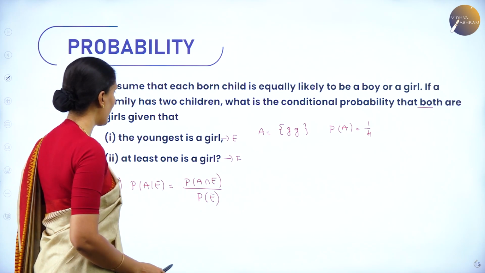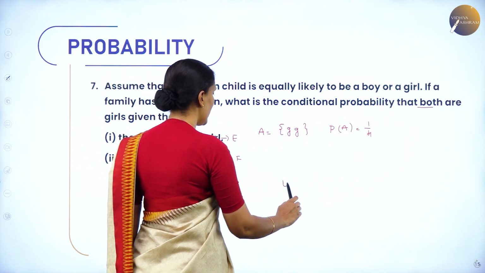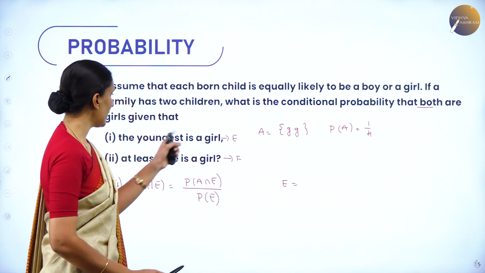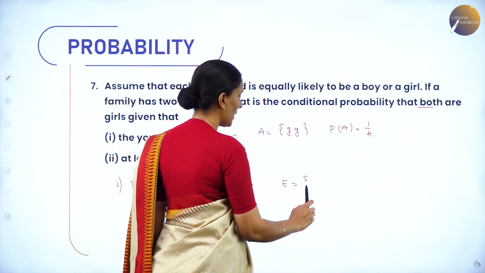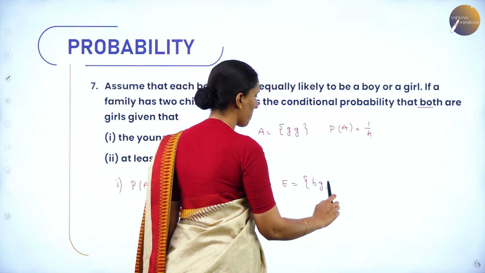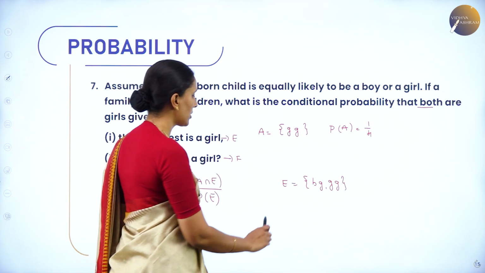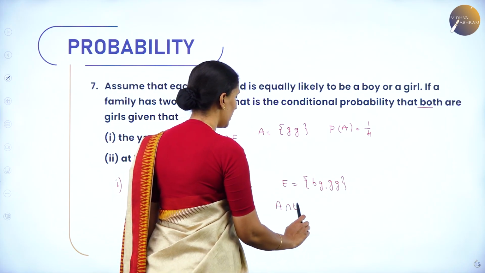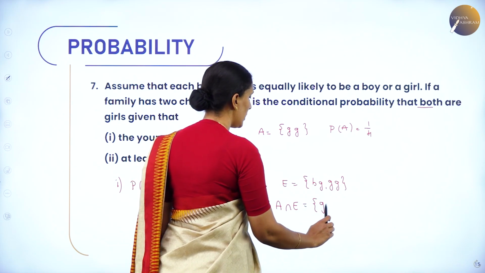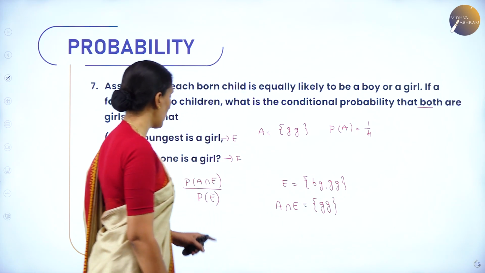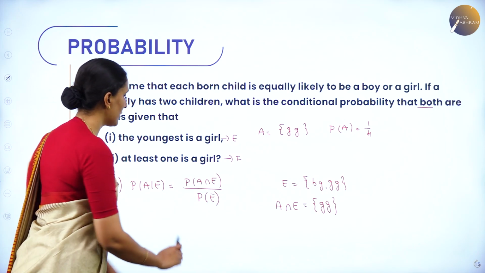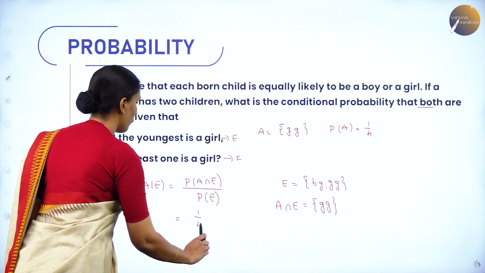Now first, let us find the set E. So set E is equal to, the youngest is a girl means the possibilities are boy, girl and girl, girl. So now if you intersect A with E, we have G, G. So clearly the probability of A intersection E is 1 by 4.